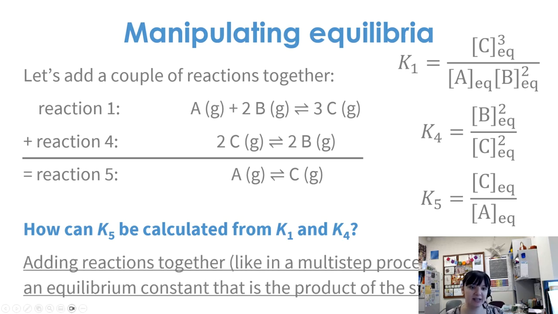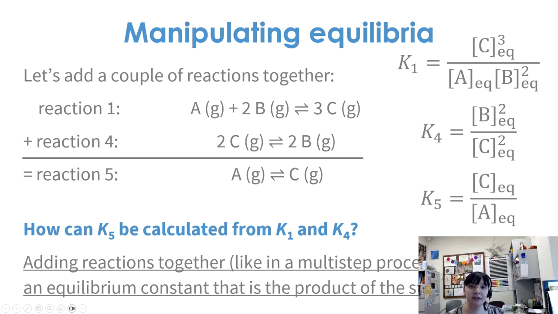And so that's to say that when I add reactions together, as I have done right here, the equilibrium constant that results from that is simply the product of whatever those summed reactions were. So taking reaction 1 and adding it to reaction 4, what I do over here is I take K1 and I multiply that by K4. That will give me my new reaction's K constant.